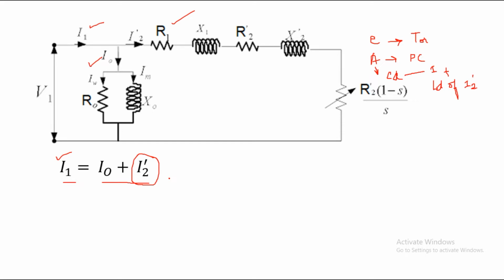The circular path of I2 dash is going to be in the circle diagram, whereas this I0 is constant, so it does not change even with any variation in the mechanical load. So we can say this is a constant current, I2 dash is the locus diagram, and I1 is the resultant of these two current vector additions, to include all these three current phasors in a single graph.